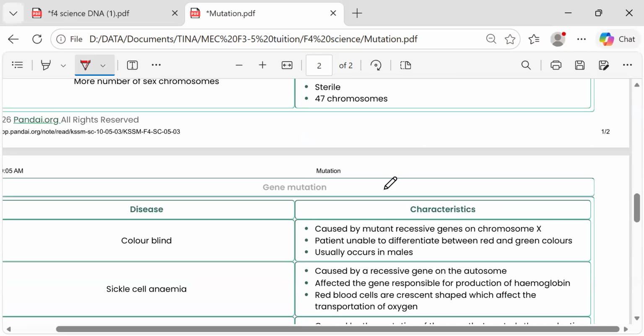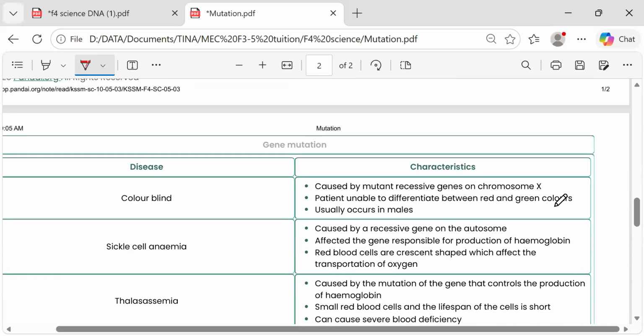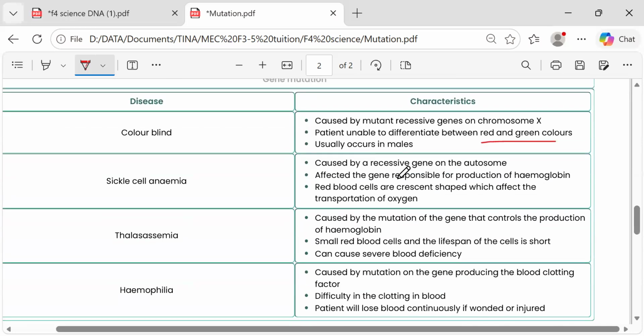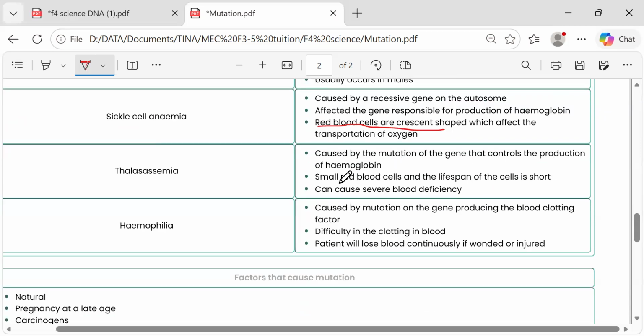Color blind: cannot see between red and green, in males only. Sickle cell anemia: the red blood cell is crescent shaped. Thalassemia: cannot make hemoglobin, so the red blood cells are smaller. Hemophilia: blood cannot clot.